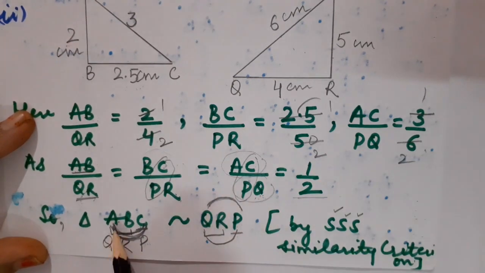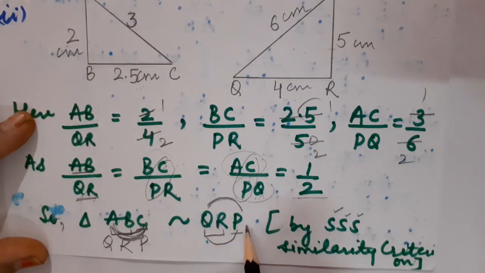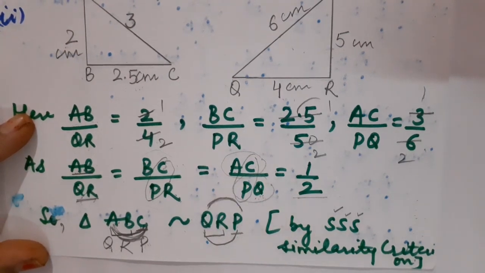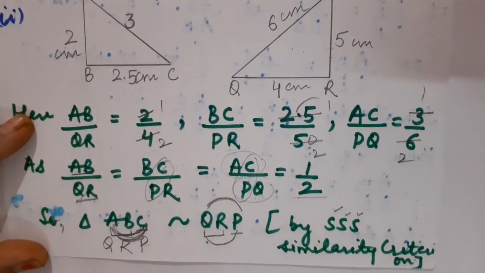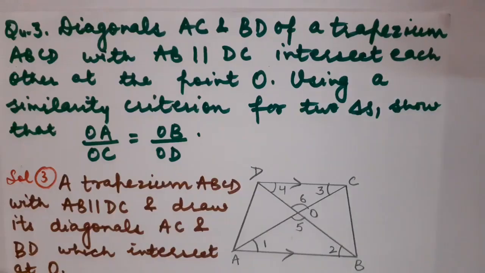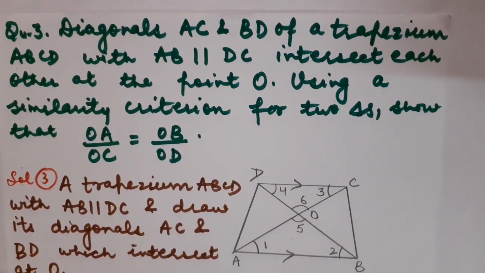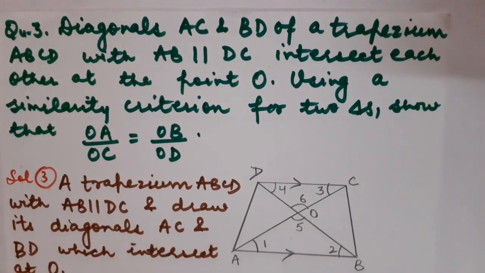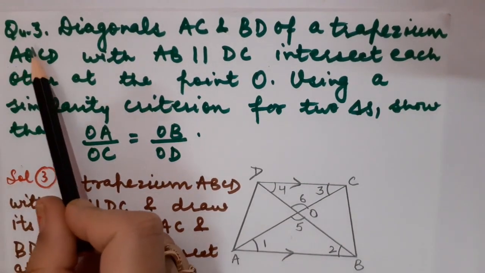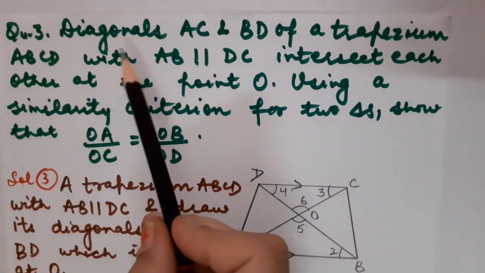Correct. So if you are writing ABC, then you have to write the symbol of similarity with QRP. If for example you write PQR or PRQ, then definitely that would be considered the wrong symbolic form of similarity. Fine, children? Now using these criteria, I am going to take one more question, that is question number 3 of exercise 6.3.